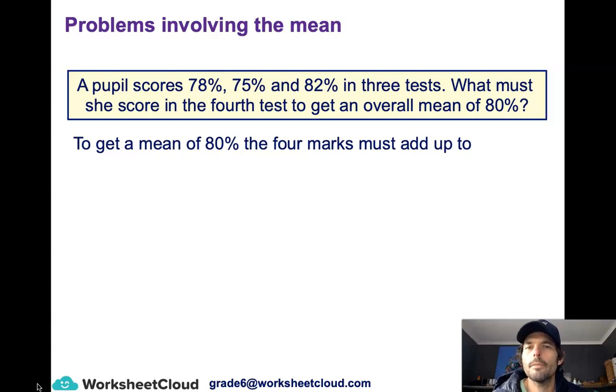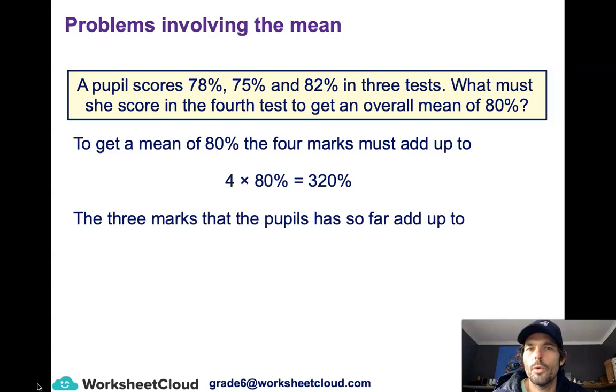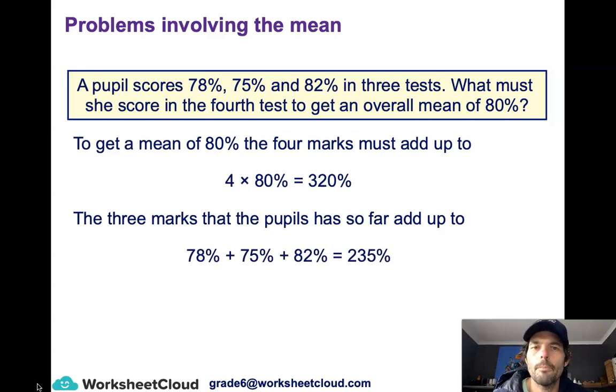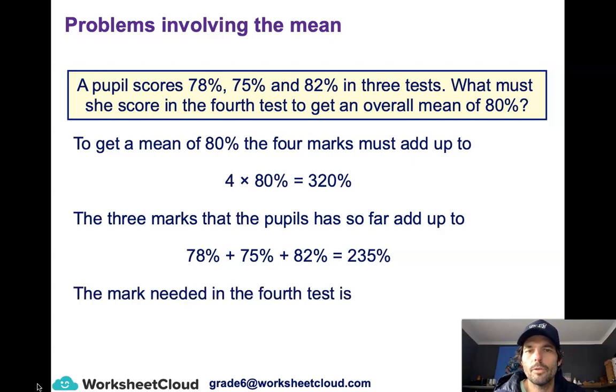So for you to get a mean of 80%, the 4 marks must add up to 320, because 320 divided by 4 is equal to 80%. All right, so we know that the first 3 marks, the 78, the 75, and the 82, if you add them up, you're going to get 235. So what do I need to add to 235 to get to 320?